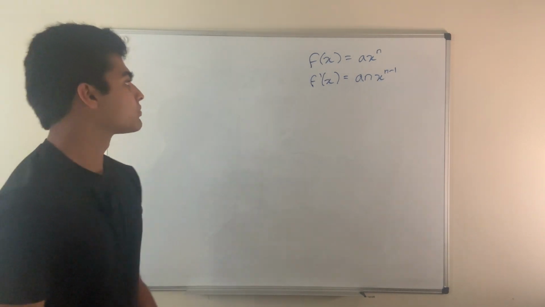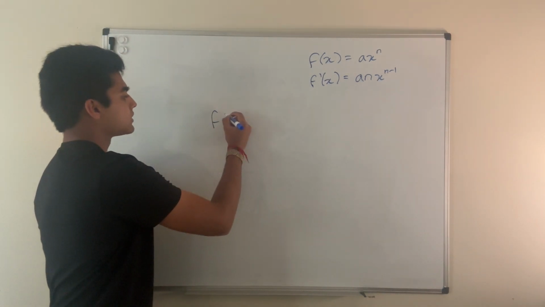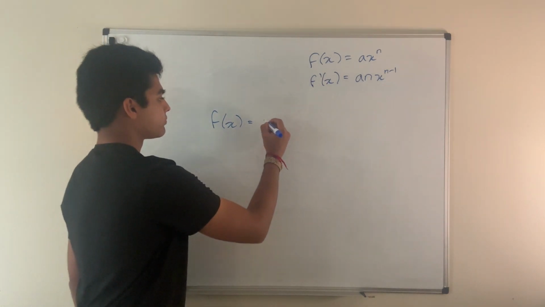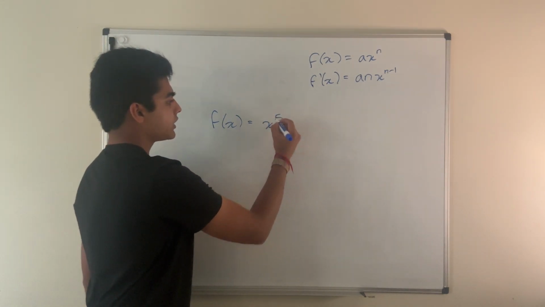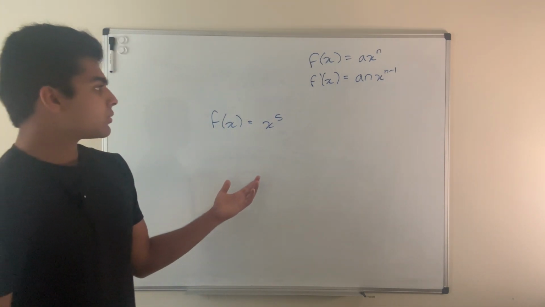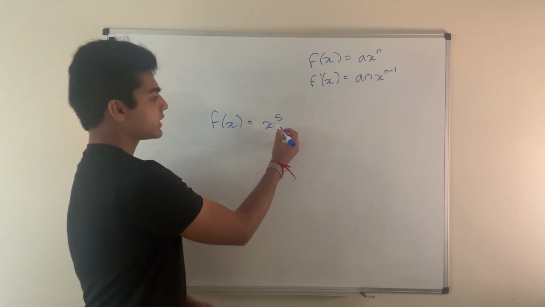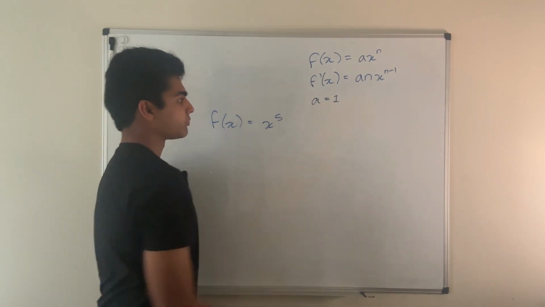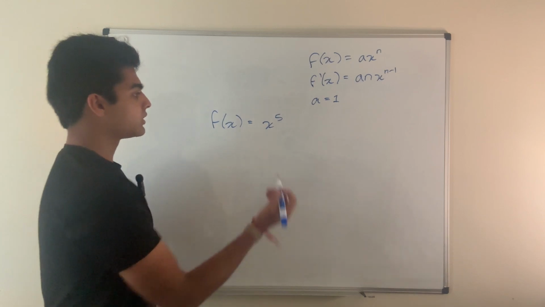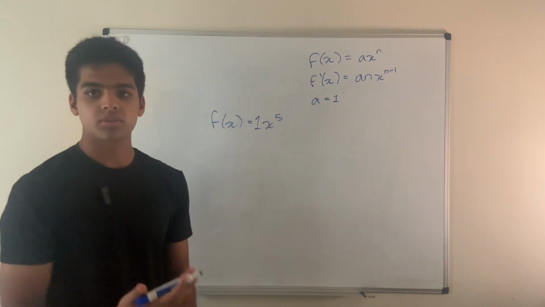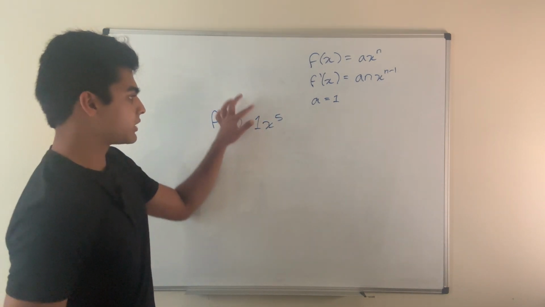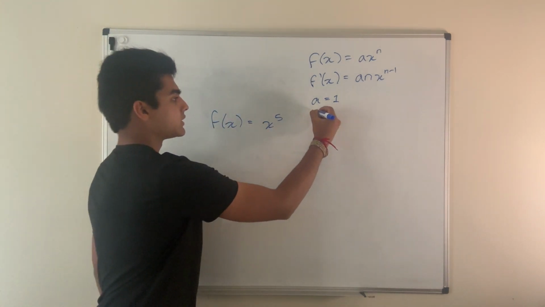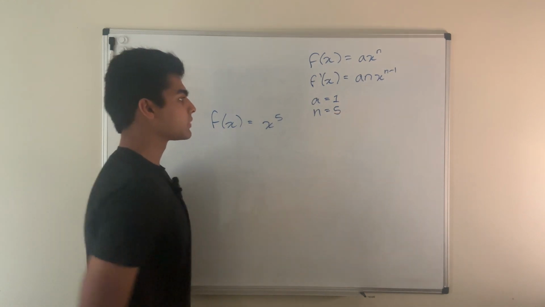So let's look at an example. Suppose we had f of x equals x to the fifth, right? So literally what we would do, in this case, our a is 1, because you can pretend there's an imaginary 1 right here because it's multiplying by 1, which basically makes it go away. And our n would be 5 because it's in the exponent, right?